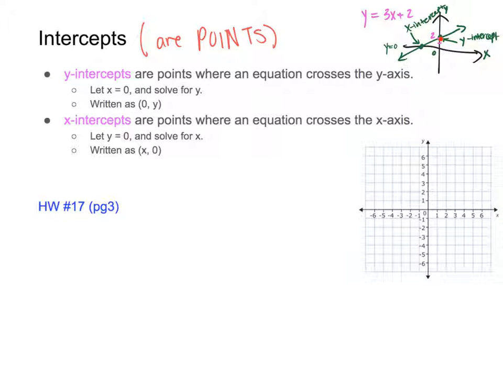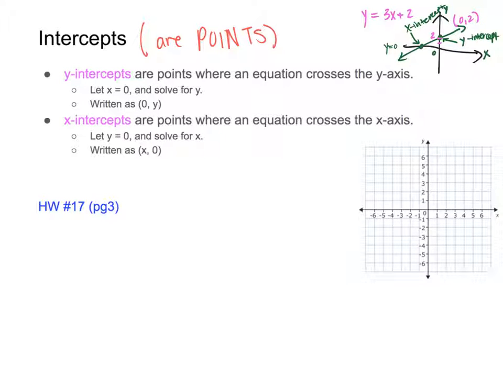So you would go up 2 and that would be your y-intercept. But students will just give me the answer 2, and that's not correct. Instead, what I'm looking for is a point for the y-intercept, which is going to be (0, 2), where the x is always 0 for y-intercepts, and the y here is 2. So whenever you write your intercepts, whether that be y or x, make sure it's written as a point.